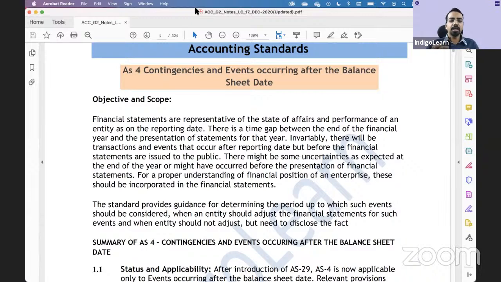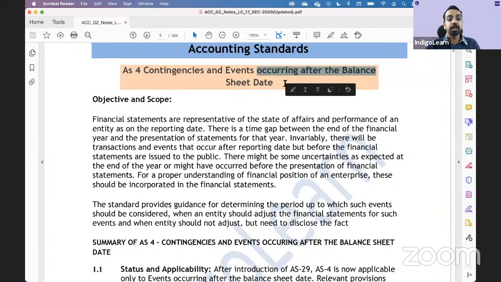Now the crux of the standard for your exam purpose, and please note this is a revision lecture, this is not a full-fledged lecture. Accounting standard 4 deals with contingencies and events occurring after the balance sheet date. Now as far as contingencies are concerned, accounting standard 29 deals with contingent liability.